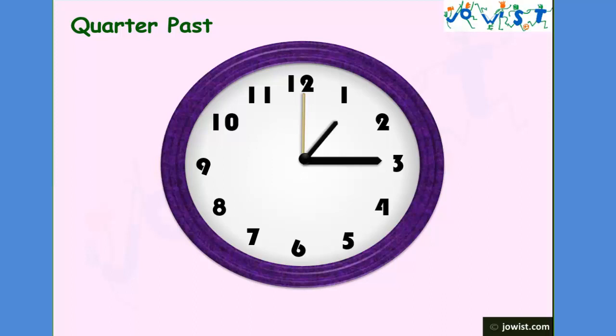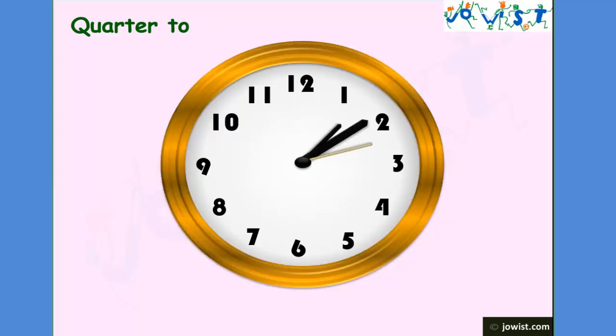Here, the time by the clock is 1/4 past 1. When the minute hand completes 3/4 of the distance, it is 1/4 to next hour. Here, the time by the clock is 1/4 to 2.